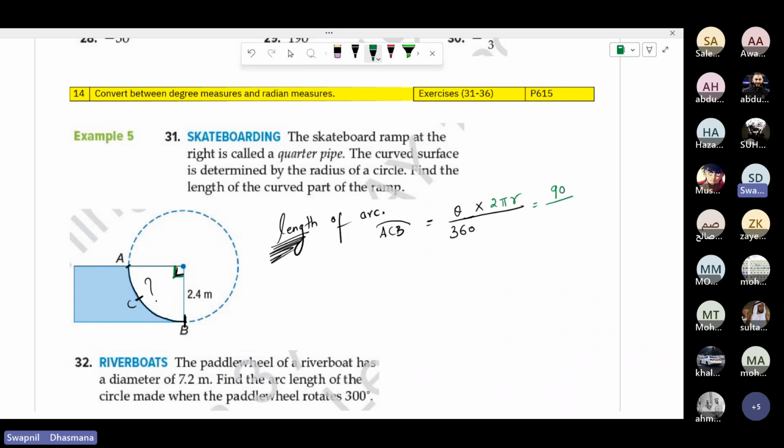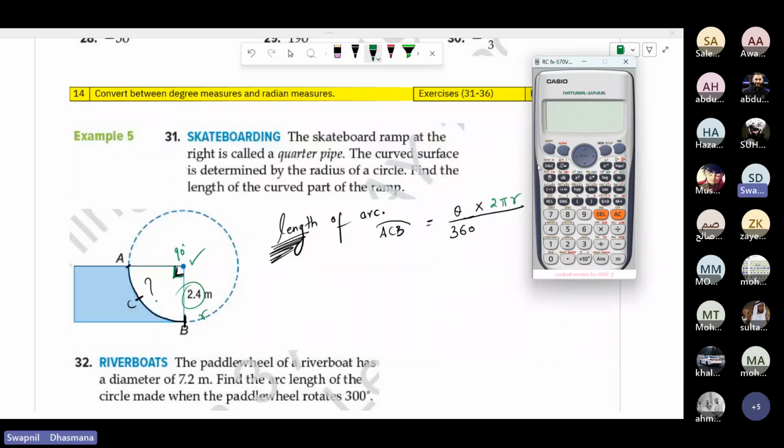Theta is 90, this 90, times 2 pi R, where 2.4 is R. On the calculator you will get the answer. 90 over 360 times 2 pi times 2.4 gives 6/5 pi.